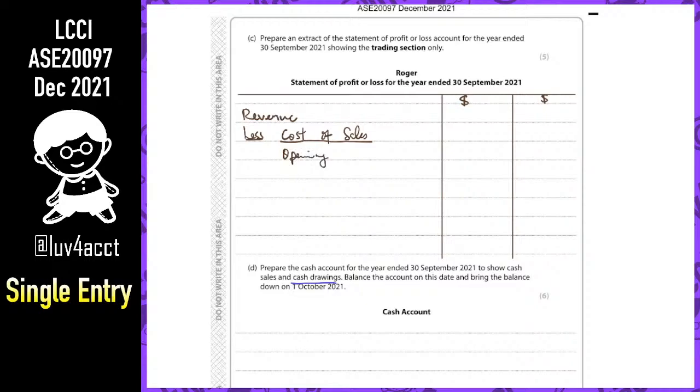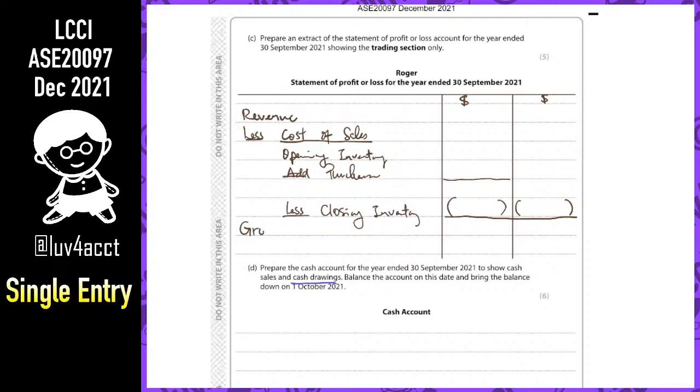Opening inventory, add purchases, which we have already calculated, and then sometimes you have to skip one line. I don't see the need, but then I will follow. Closing inventory, because you have to calculate one more subtotal, which I don't like. Then you have cost of sales here. With the cost of sales, you can calculate gross profit.